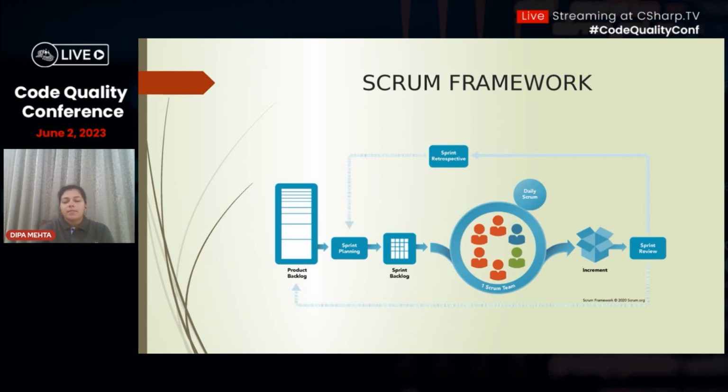So during this period, the login form is going to be done by this development team. During this period, the payment gateway is done by this team. So this is the sprint backlog, right?